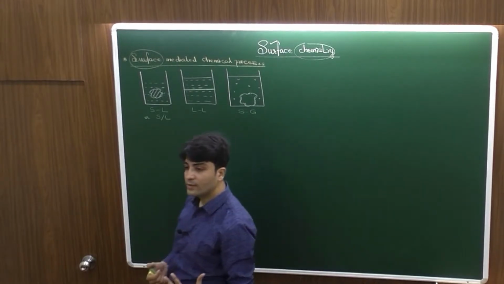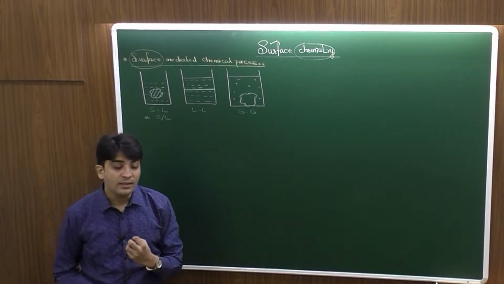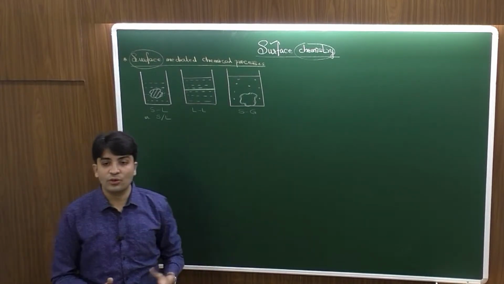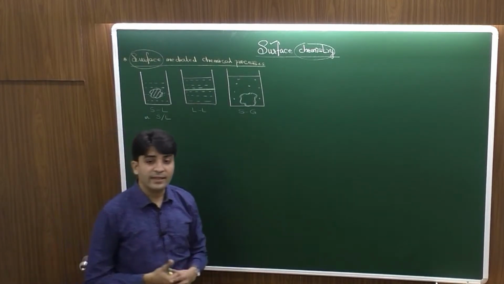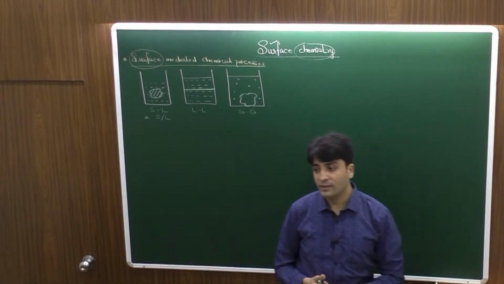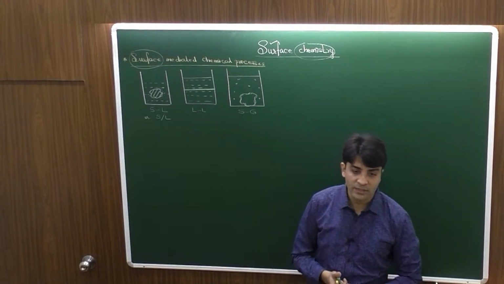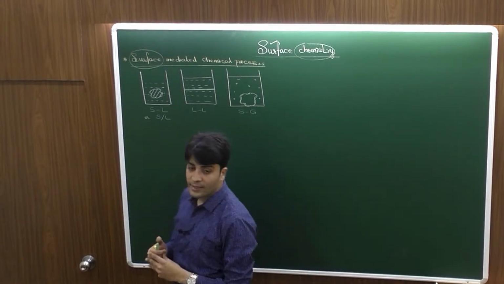All these processes involve the reaction at the surface. That is the reason we are understanding this branch of physical chemistry, which is dealing with the chemical reactions occurring at the surface, and the whole chemistry behind the surface reaction is referred as surface chemistry.